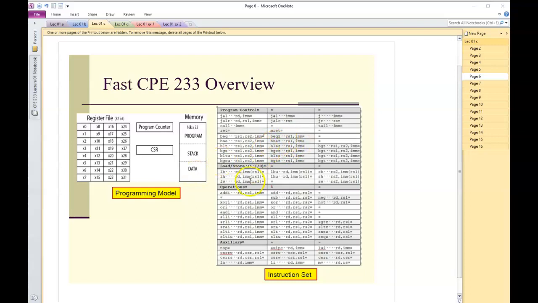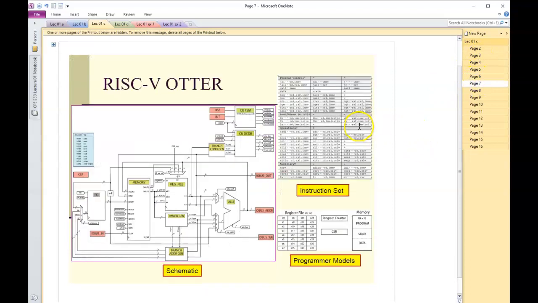Okay, but more importantly, here's the instruction set of my hardware. The instruction set is used to control the hardware listed in the programming model. So this is a more high-level diagram here. What we have is the instruction set controlling this hardware. The reality is this is the computer hardware. This is the full computer hardware.